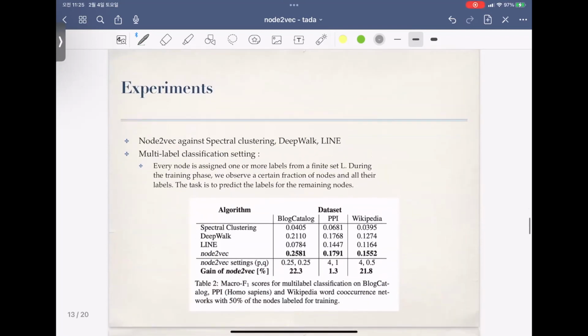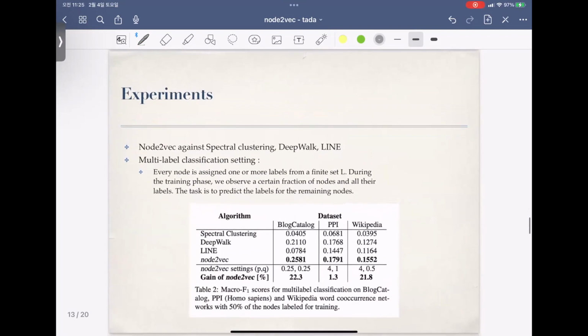And another experiment that was done was running Node2vec against different multi-label classification models, such as spectral clustering, DeepWalk, and LINE. The data sets were set differently, such as BlogCatalog, using the interactivity between different bloggers, protein-protein interaction, which uses a gene sequence to determine which are more interactive with another, and also Wikipedia.